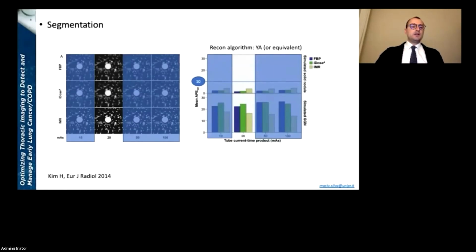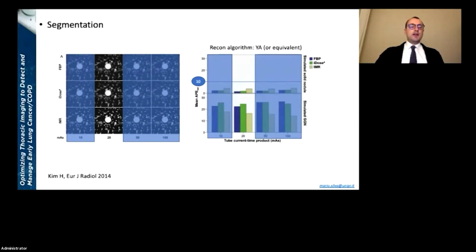We see here the volume with 3 different reconstructions: the filter back projection, the iDose, and the IMR. And we see how the volume of the structure is changing according to the 3 different reconstructions.